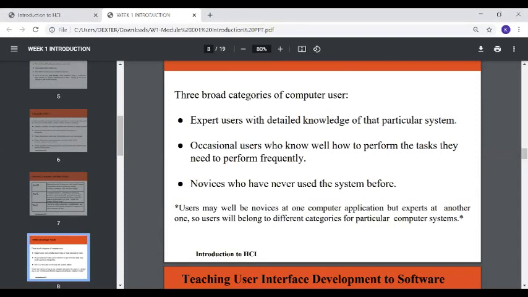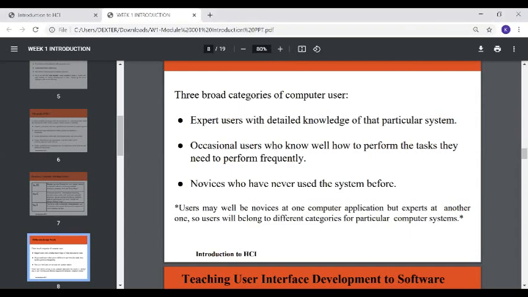Expert users are defined as individuals who have rich interaction knowledge, task knowledge, and domain knowledge of a specific system, and who are skillful in obtaining and using such knowledge to achieve goals or tasks in an interaction.